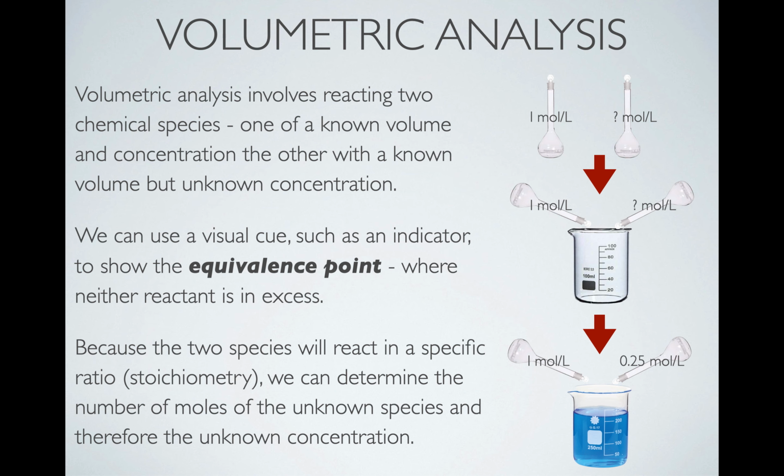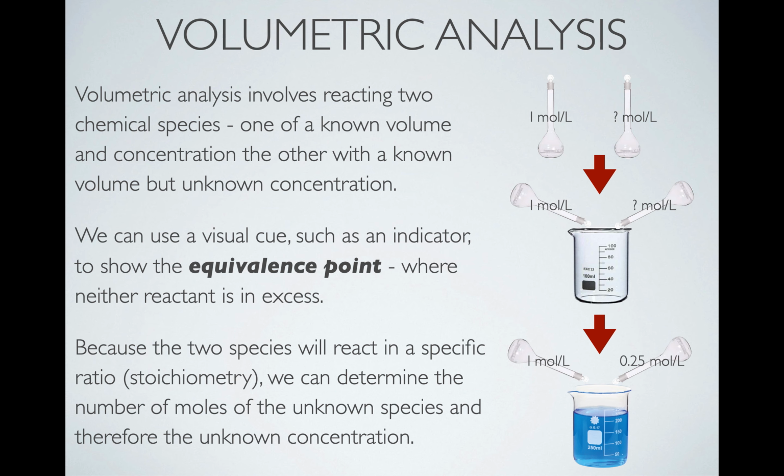Okay? So volumetric analysis involves reacting two chemical species, one of a known volume and concentration and the other of a known volume but an unknown concentration. So we'll know the number of moles of one and we'll use that to determine the number of moles of the other.